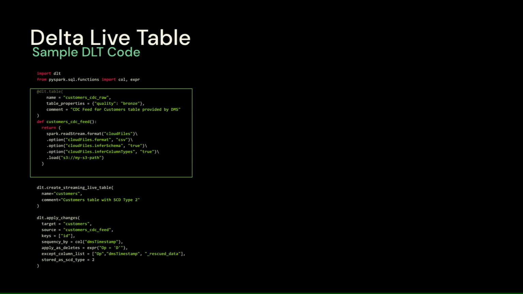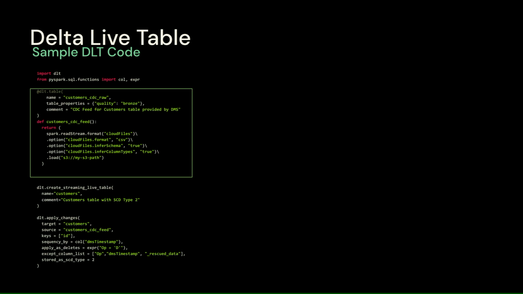In previous slides, Neil talked about DMS providing CSV files representing changes happening in a MySQL database. Those are available in some S3 location. And if you've been a Spark structured streaming user, you know what's going on there. We're doing a readStream with format cloudFiles.